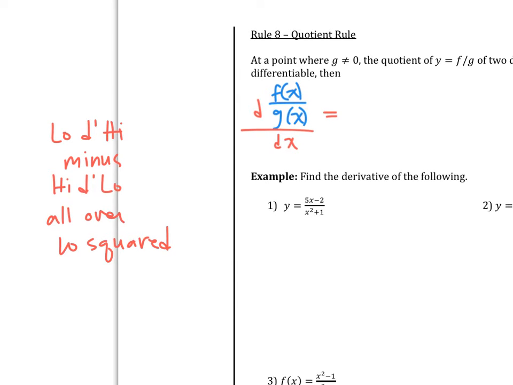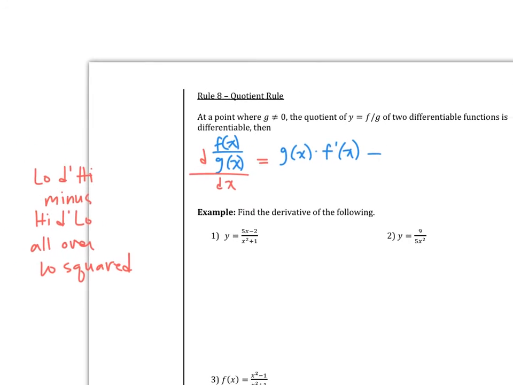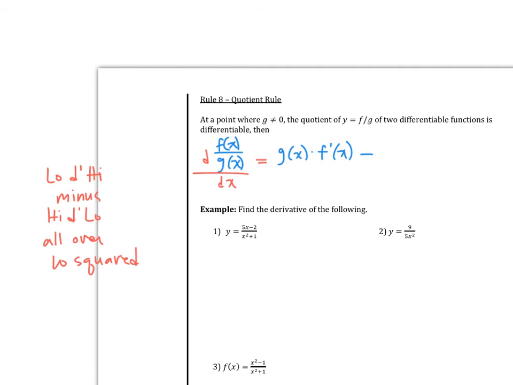Okay, so here's how it works. Low means the lower of the two, so when you have a quotient that's a fraction, it's the lower of the two. So low d high, the derivative of the higher one, minus, let me put the minus there so we can see it, high d low, the derivative of the low, all over low squared.